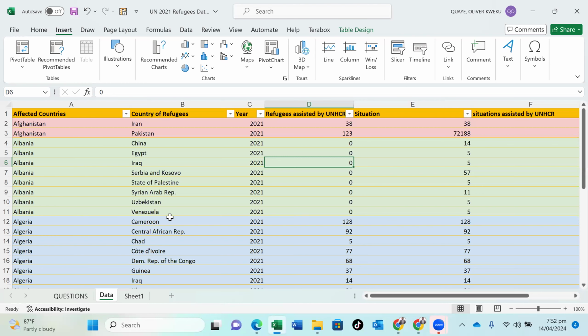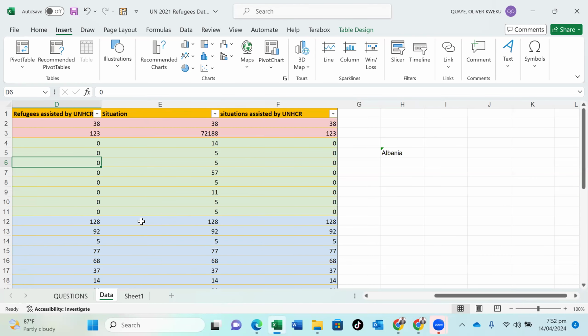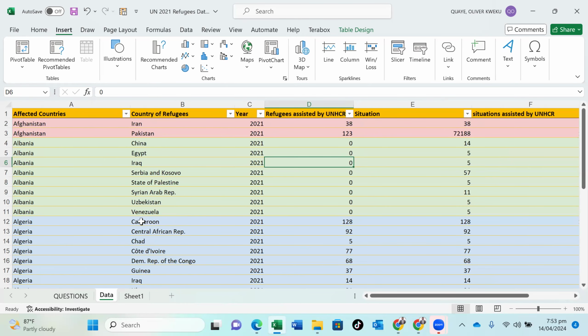In this case, they didn't add the particular issue associated. Either it was war, hunger, famine, drought, or earthquake. It was just refugees. So our focus is on how many countries were affected.